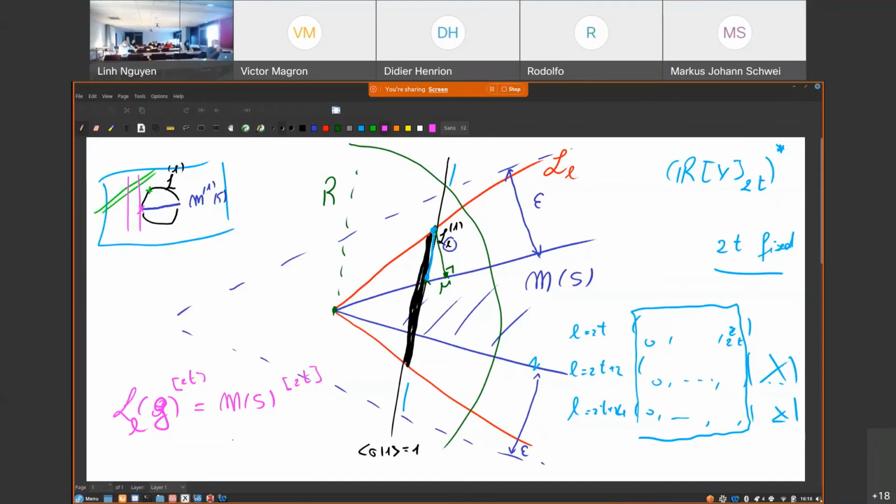Sorry, so T would tend to infinity, but L increases. The relaxation order. You want to know how good you approximate the whole moment set as a function of L, the relaxation order.